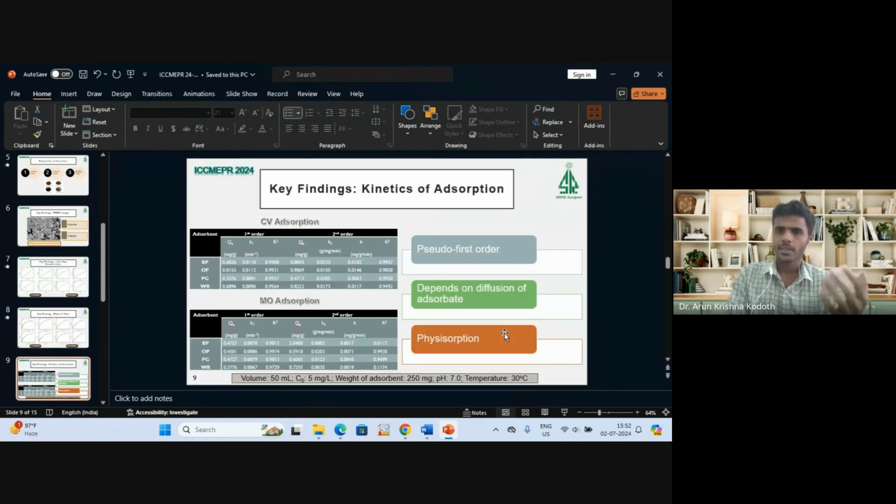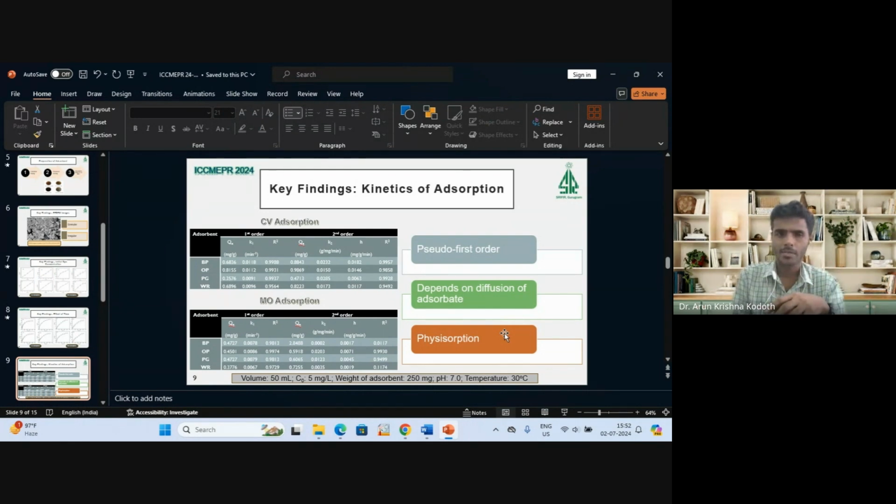And we have gone for the kinetics of adsorption to check whether it is a pseudo first order reaction, pseudo second order reaction, or intraparticle diffusion model. We analyzed both CV as well as methyl orange adsorption studies and found that it follows the pseudo first order adsorption model, which is determined from the regression coefficient value, because the pseudo first order regression coefficient value is almost near to 1 compared to that of the second order one.